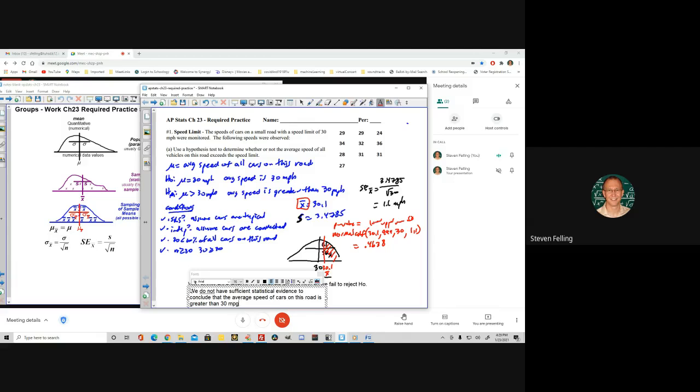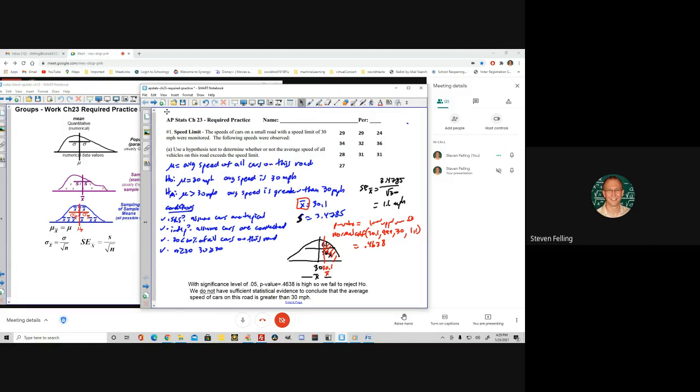In our sample, we did have something that was a little higher than 30 miles per hour, but it wasn't high enough to say that we believe that all cars would be averaging greater than 30 miles per hour. All right. So if you did that, that's fantastic. That means that you were able to apply the ideas from Unit 5 and just switch over to a new data type where we had to use a different statistic, which was the mean.